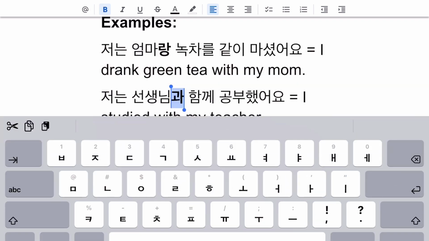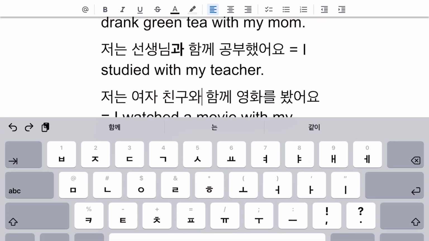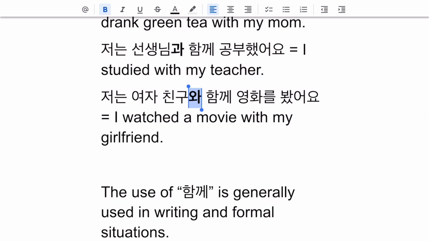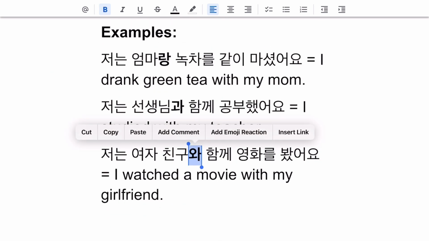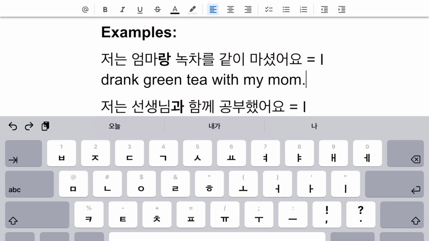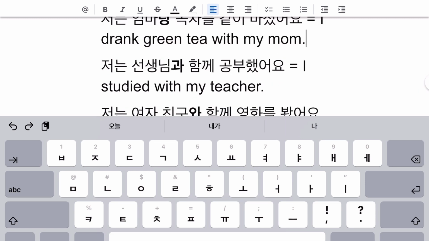엄마랑 녹차, green tea. So 차 by itself, if you remember, is tea, and 녹차 specifically is green tea. And then 같이, together, 마셨어요. I drank green tea with my mom. Notice in the translation, it doesn't say together, but that happens often. Even if the translation doesn't specify together, it's usually added in the Korean sentence, right? 선생님과, 선생님이랑, 선생님하고 함께 공부했어요.